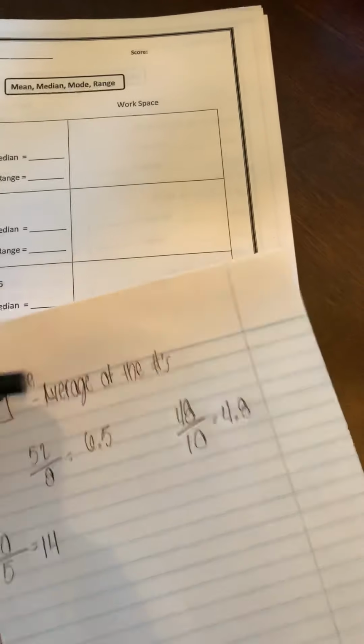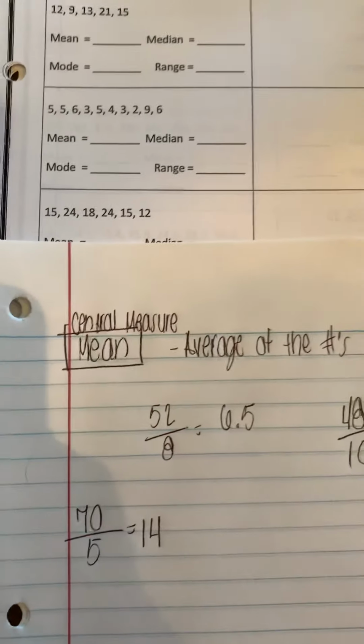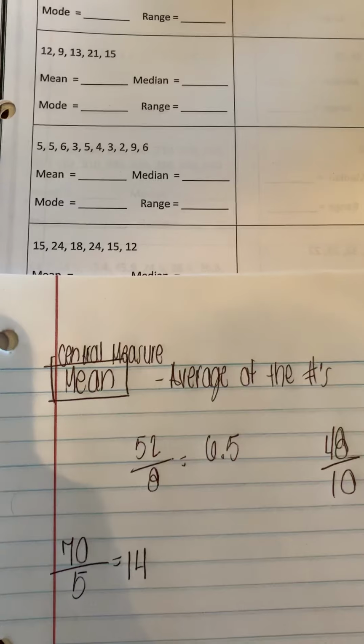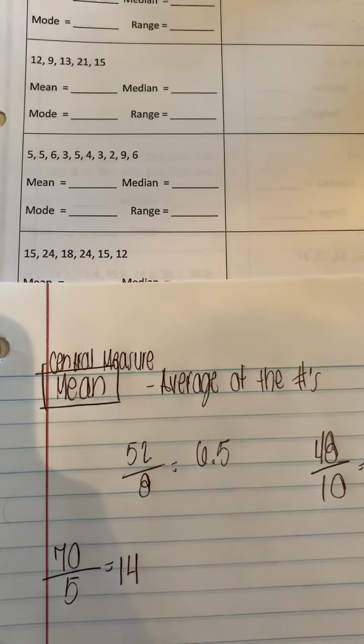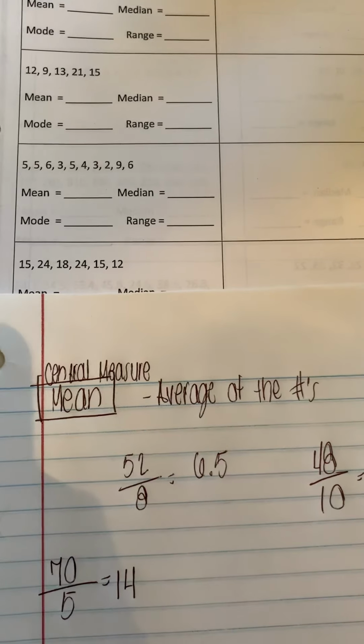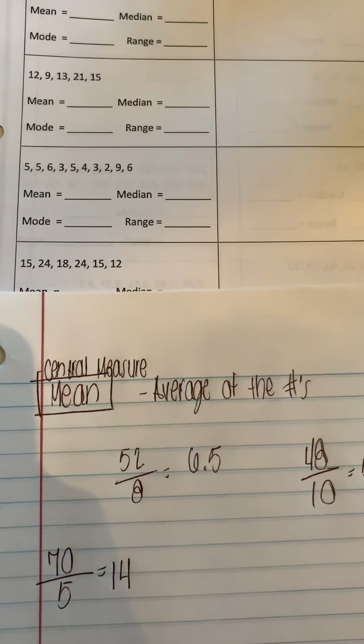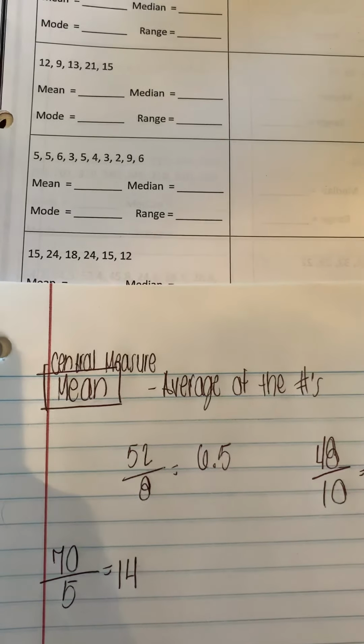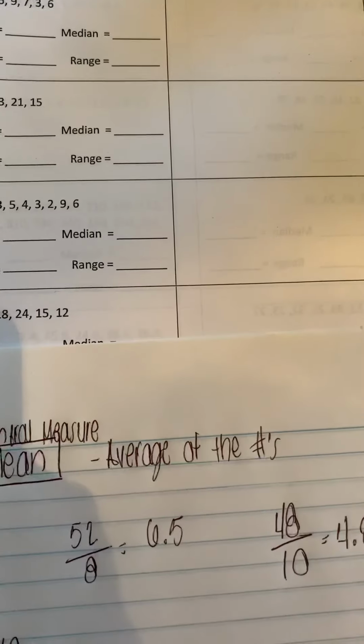Okay, one more just to make sure we got it. We have the data set that has 15, 24, 18, 24, 15, and 12. I'm going to add them together. I want to find the sum of them. I get 108.